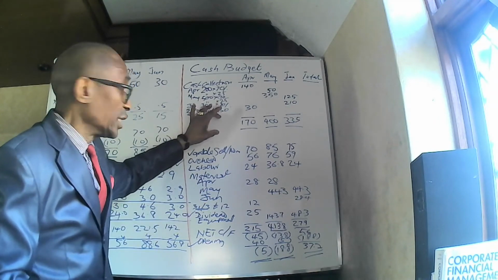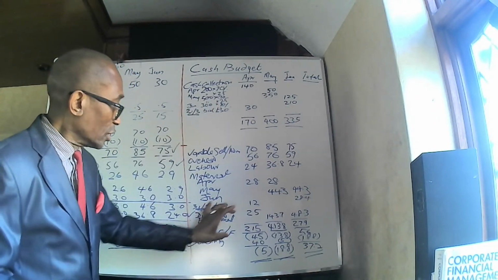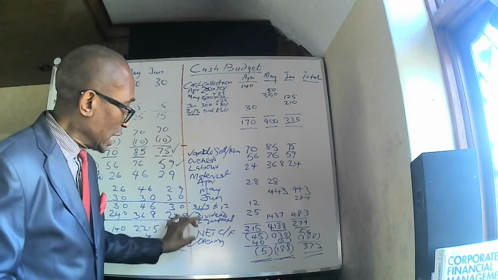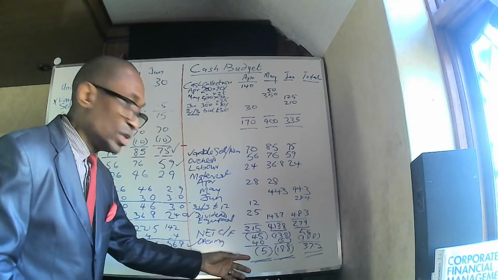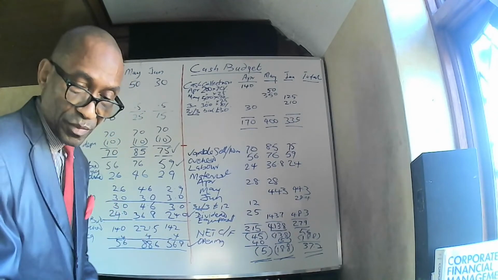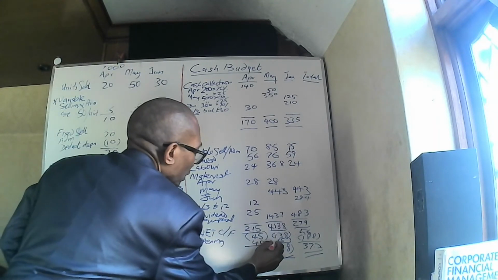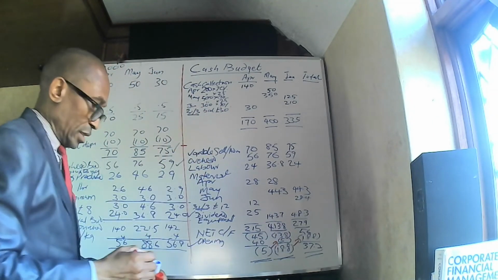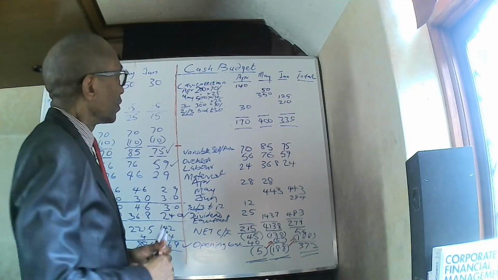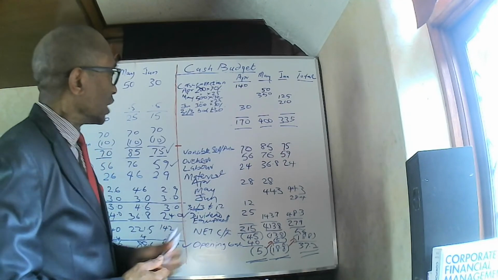Get your total cash inflow and your total cash outflow. Get the net balance. Then bring in the opening figure to get your closing balance. Your closing balance becomes your opening for the next period. Very important. You do that. That's it. Cash budget completed.